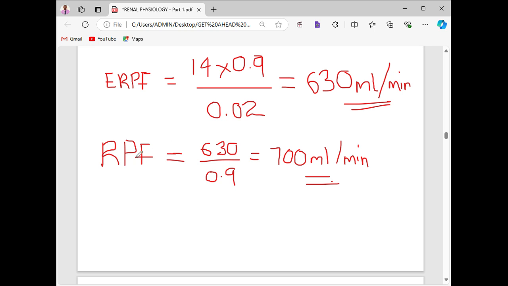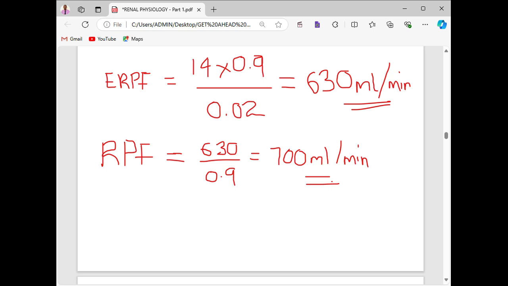Hope you followed the way we've moved. This was the effective, which is just the clearance of PAH, and to get the actual we divided 630 by the extraction ratio and got 700.